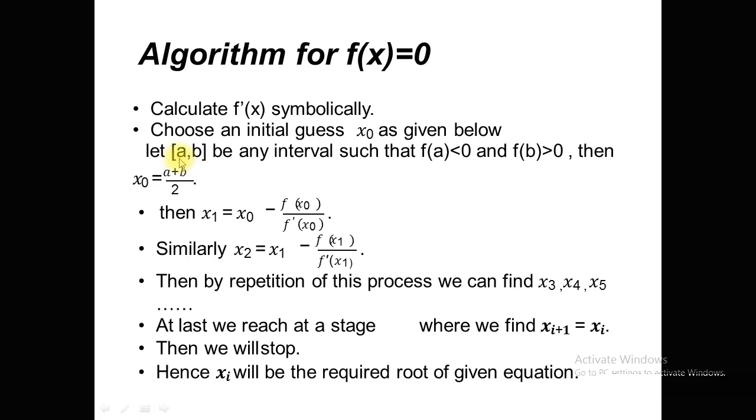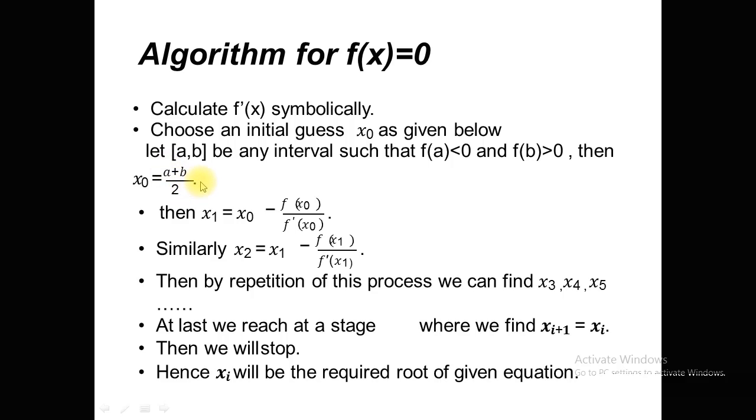First choose any two values a and b and then evaluate the function. If the function has opposite signs at these two values, then the root lies in this interval. Then the initial guess x naught will be a plus b divided by 2.